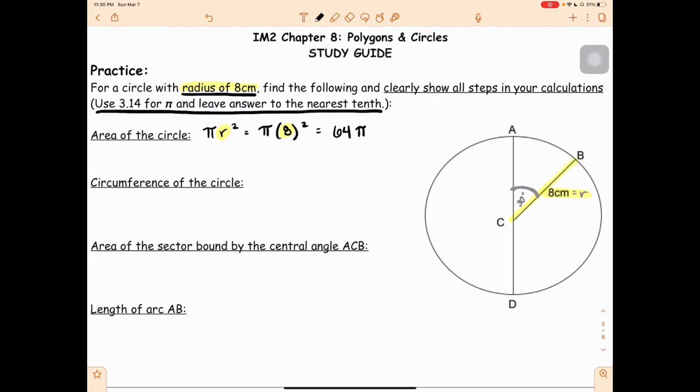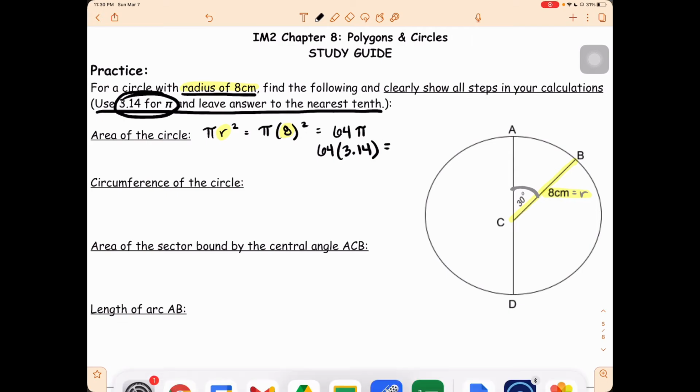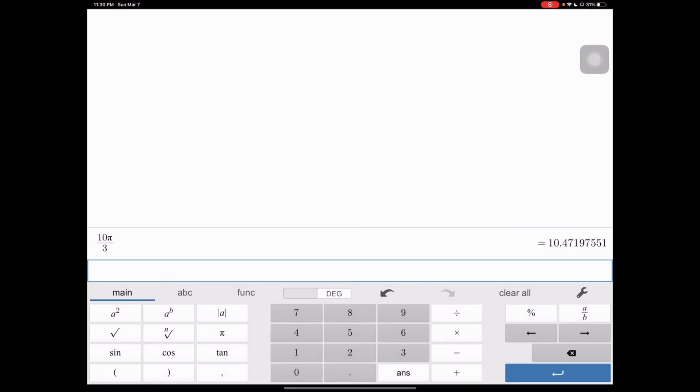And it says to use 3.14 for pi. So we're going to do 64 times 3.14 and see what we get here. 64 times 3.14, we get 200.96.